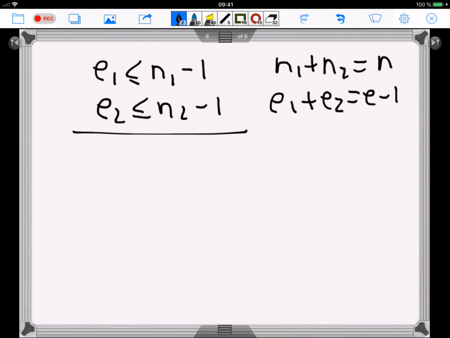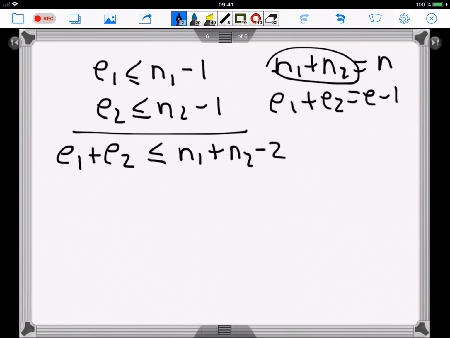Okay, so now if I sum up these two inequalities, I have that E1 plus E2 is less than or equal to N1 plus N2 minus 2. But N1 plus N2 is N, so this is N minus 2. And E1 plus E2 is E minus 1, so this is E minus 1.